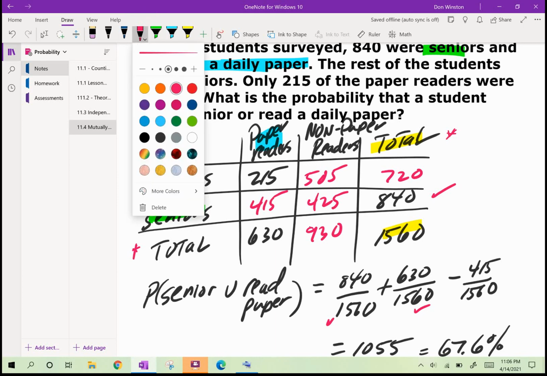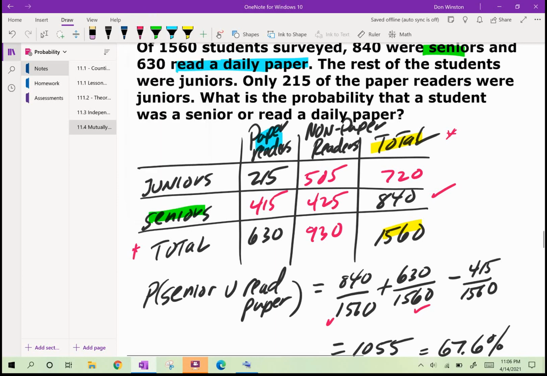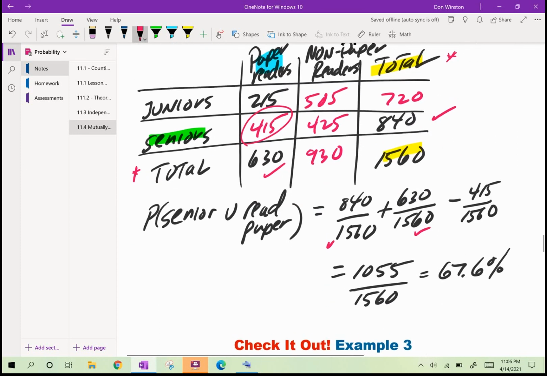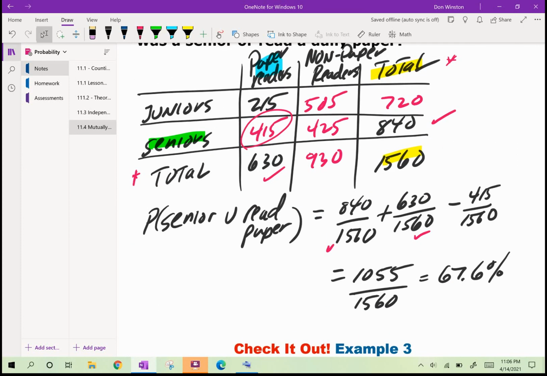I used the 840 seniors and the 630 paper readers, but I double counted 415 twice. So I have to subtract off 415. So I get 1055 divided by 1,560, and that's 67.6%.